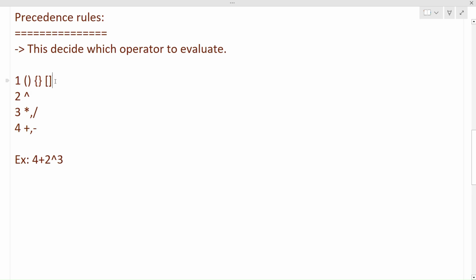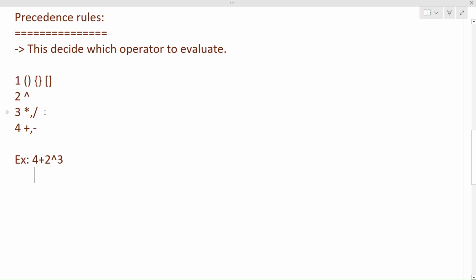As you can see here, brackets come under the highest precedence, and then exponential power is the second precedence. The third level is multiplication and division, which are on the same level. Addition and subtraction are on the same level, the fourth level. Now let's say we got an example, 4 plus 2 power 3.